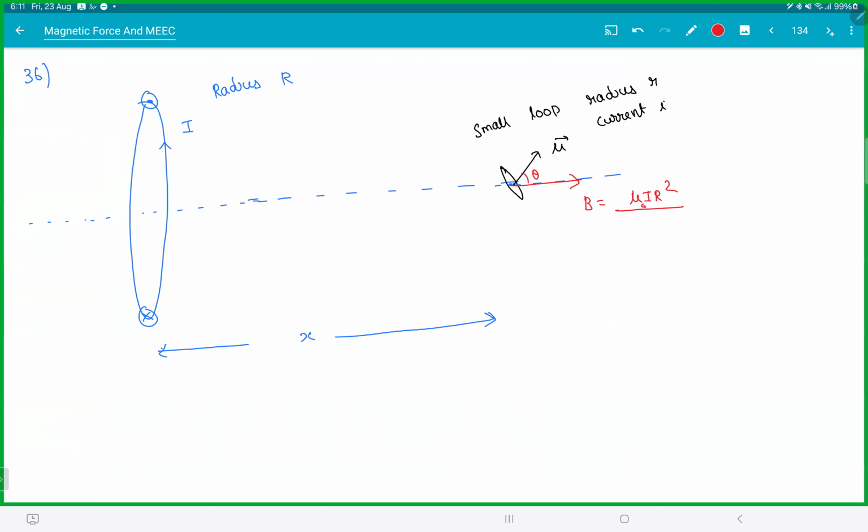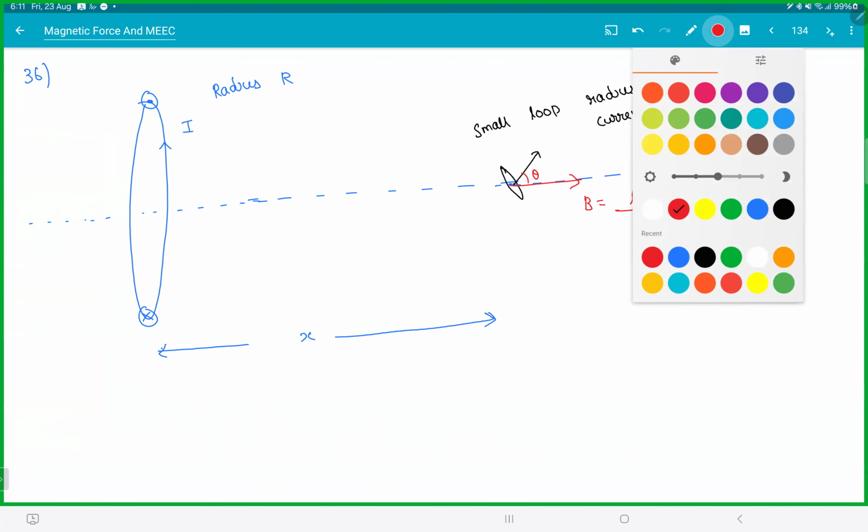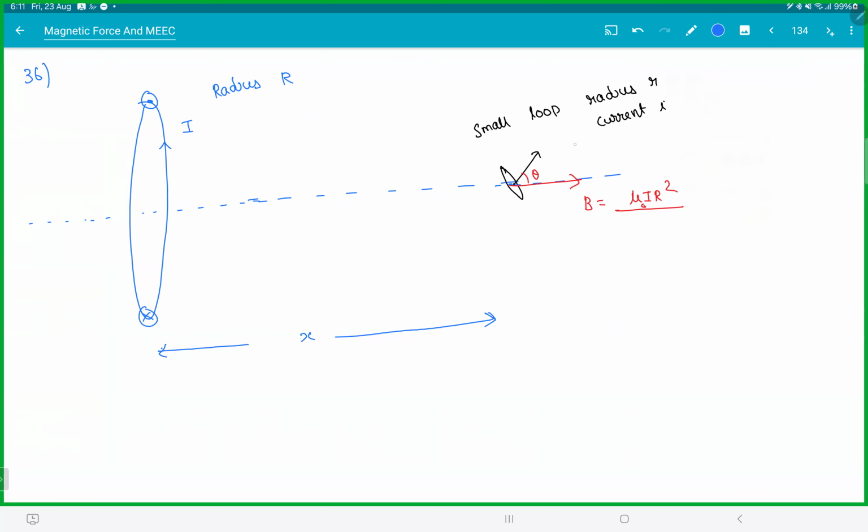I'll just take this as a vector area bar. Mu naught I into 2 into R square plus X square. The magnetic moment of this small coil will be number of turns, that is 1, I into pi into small r square.